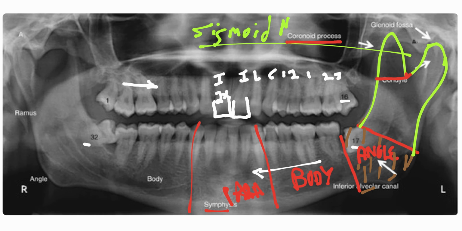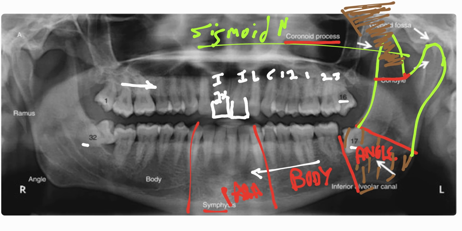The coronoid process is important for several reasons, but one thing is that the temporalis muscle inserts on the coronoid process to help close the mandible.